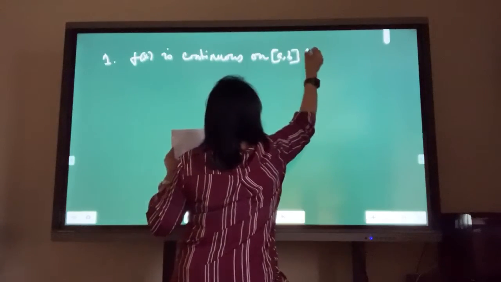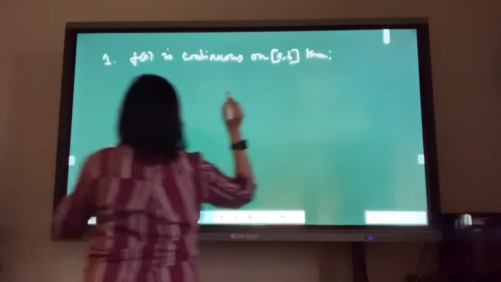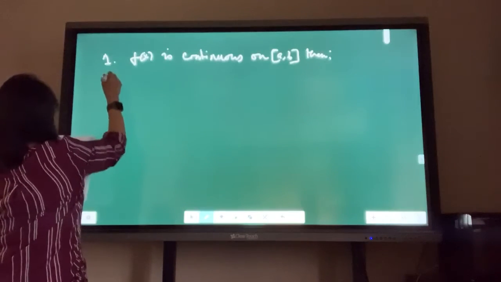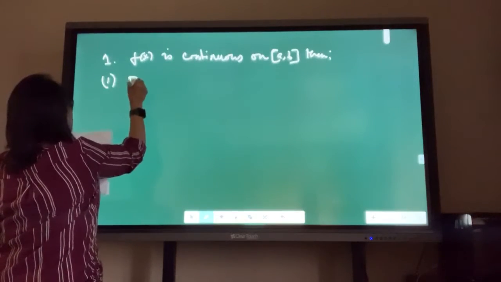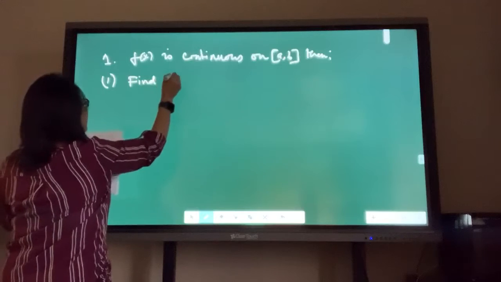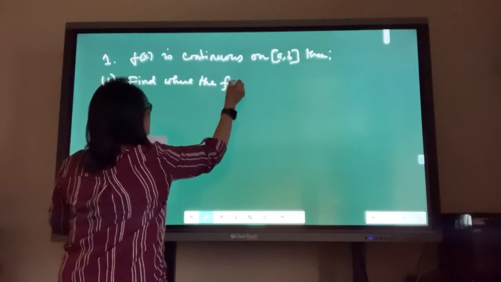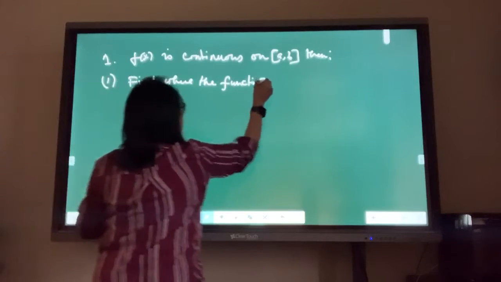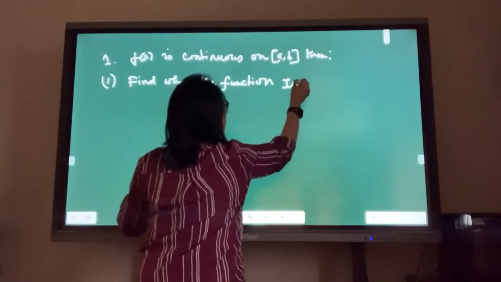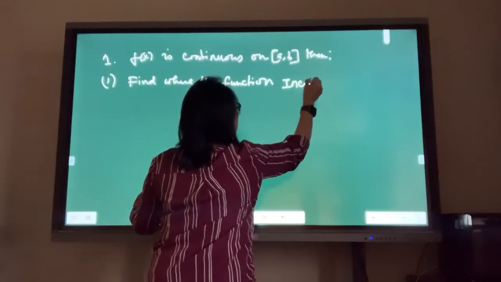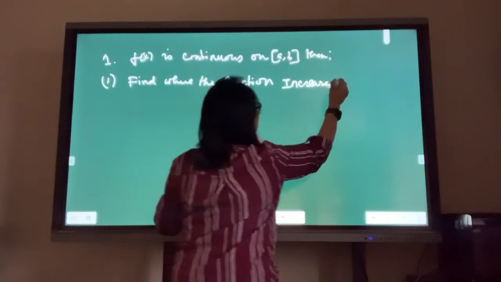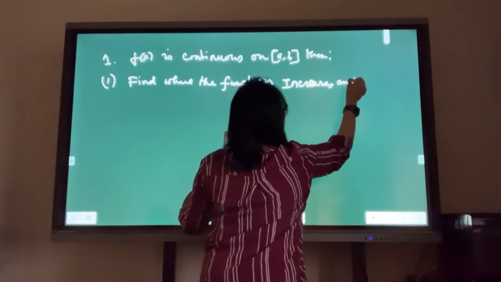Then we'll do two problems from there. Number one, find where the function increases and decreases.